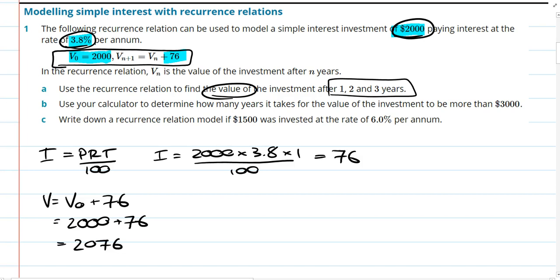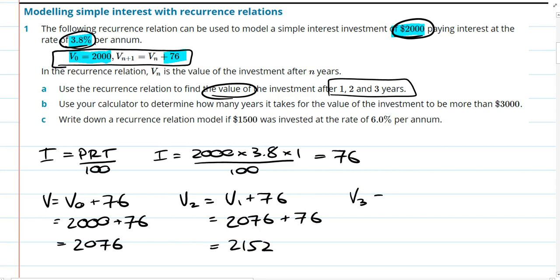So we want to do all 3 years. So V2 is V1 plus 76, which is 2,076 plus another 76, and that gives us 2,152. And we go V3 is equal to V2 plus 76, is equal to 2,152 plus 76, which takes us to $2,228.